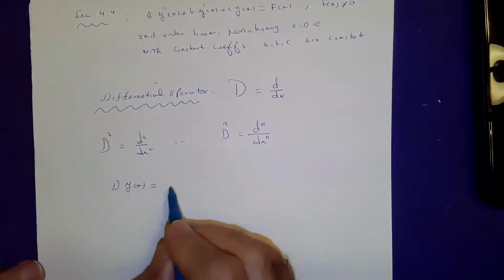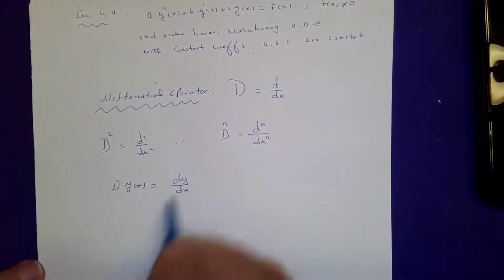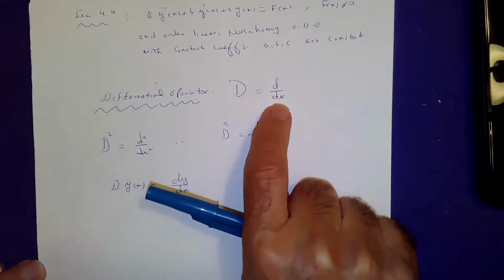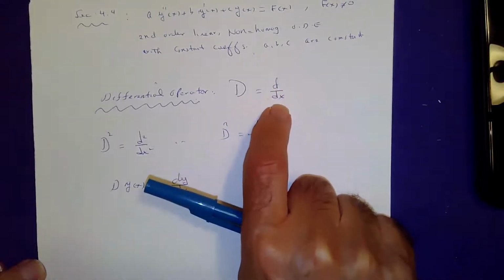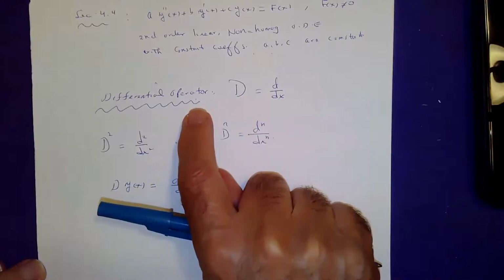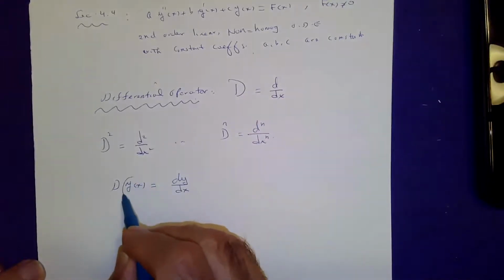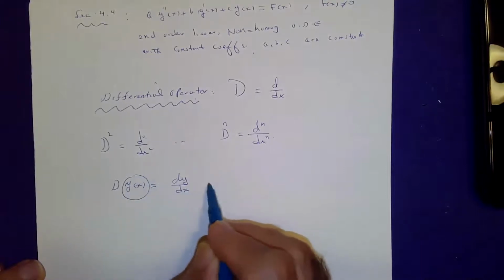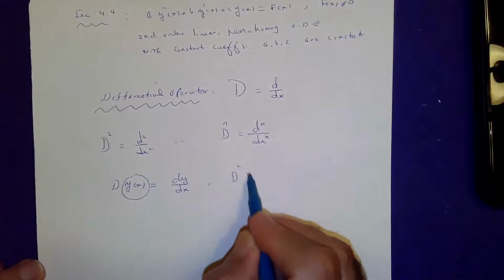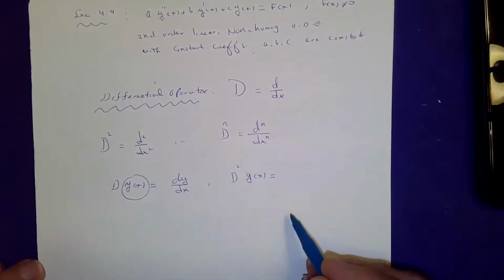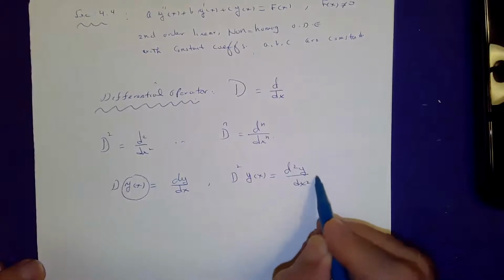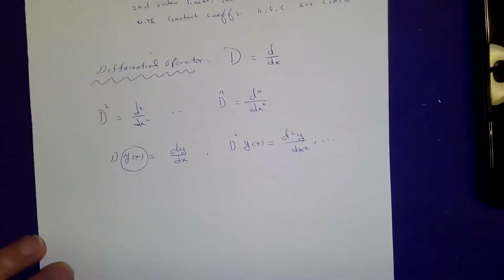Yeah, this means dy dx. But that doesn't mean dy dx. That's just the derivative, this is a blank derivative. This is an operator. But the minute it's applied to a function, now you have dy dx. Similarly, what if I have D squared y? That means second derivative of y with respect to x, and so on and so forth.